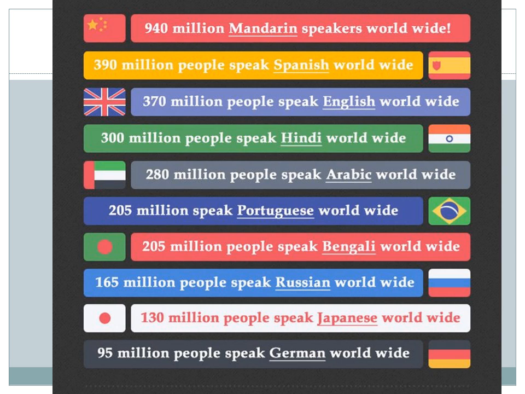And so that's an important note to make, is it depends on the source. In this case, this source has 390 million people speaking Spanish with 370 million speaking English. And so we have to kind of wonder, okay, are we talking about first language only? Are we talking about people who use it as a standard language? So we have to start asking some of those questions.